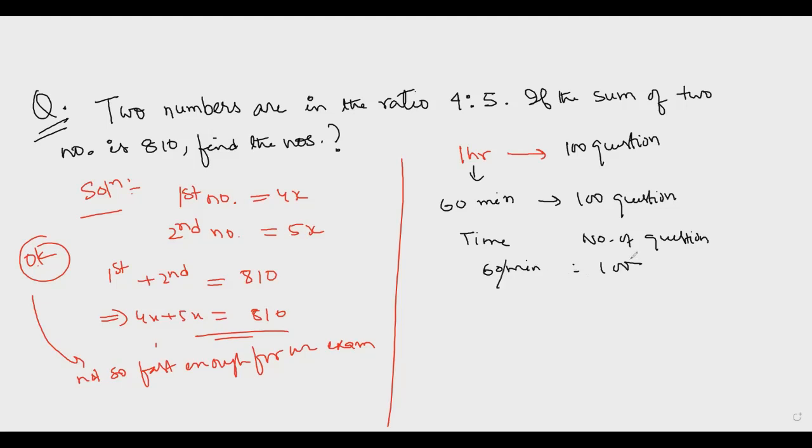If you cancel this, we are getting 3 minutes, and here we cancel to 5 questions. That means within 3 minutes you have to attempt 5 questions. That means approximately per minute you have to attempt 2 questions.